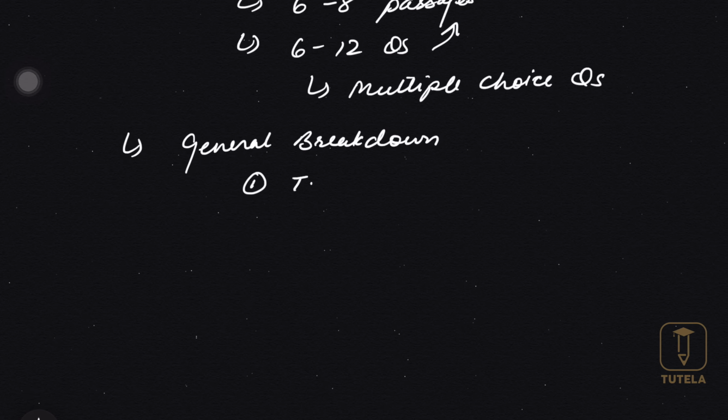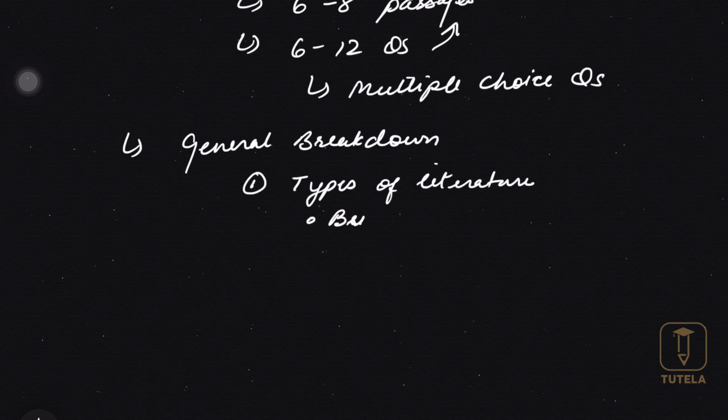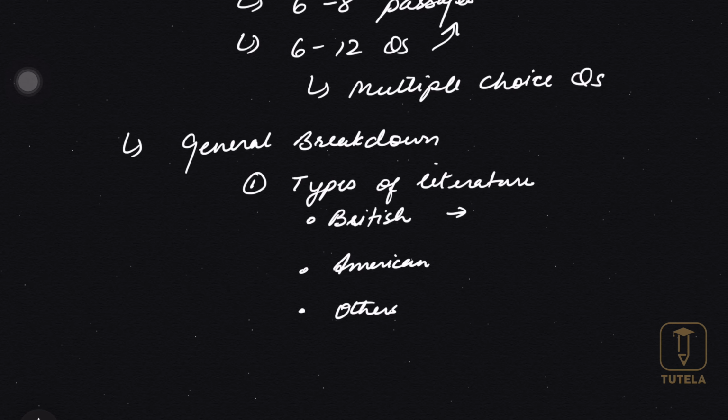First, we are tested on different types of literature. So, we are tested in British literature, American literature, and others. British literature is literature produced in England.